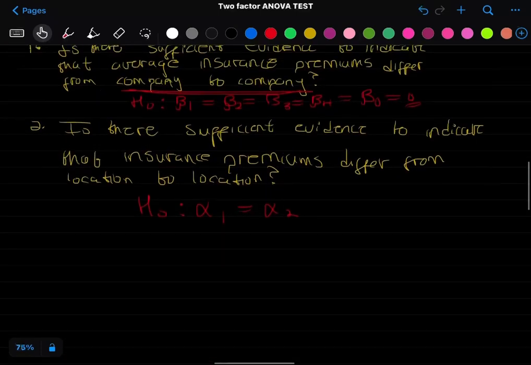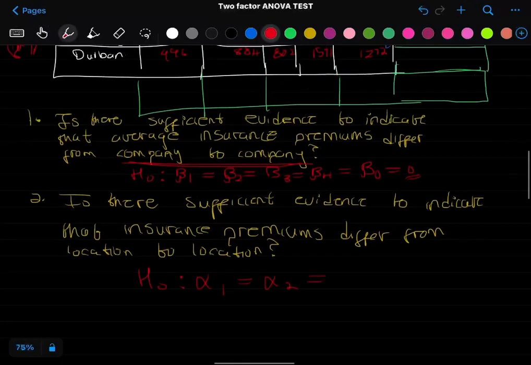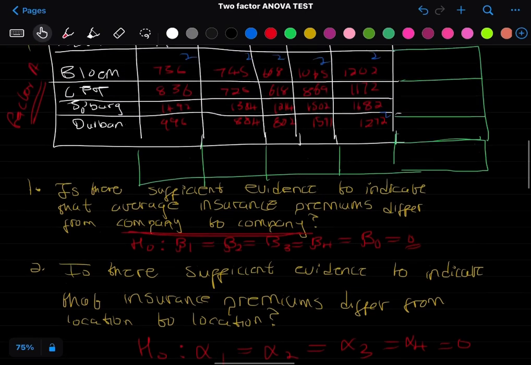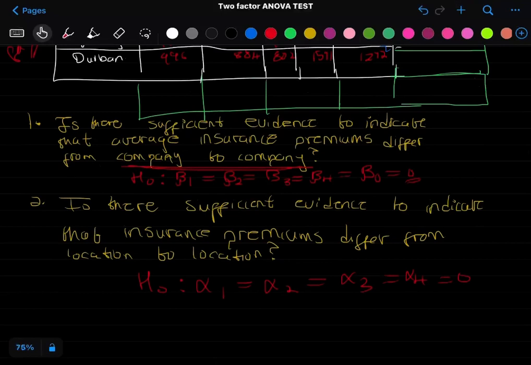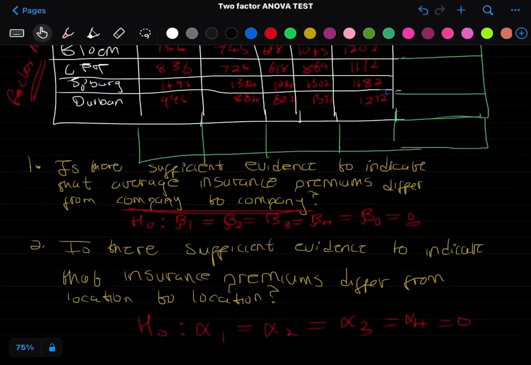So the alternative hypothesis will be that at least 2 of them differ from each other. This is how you are going to be able to do your testing.